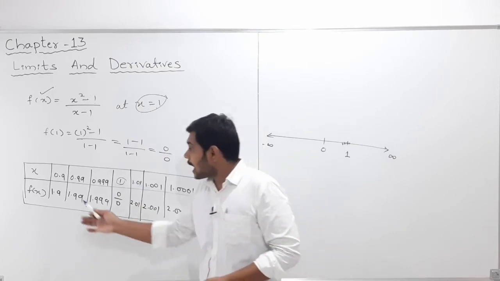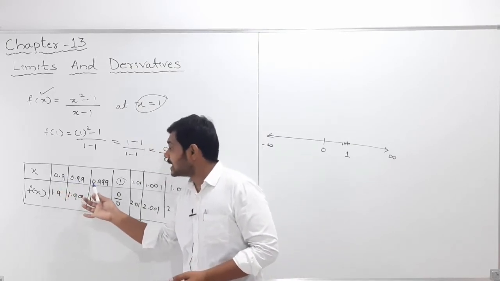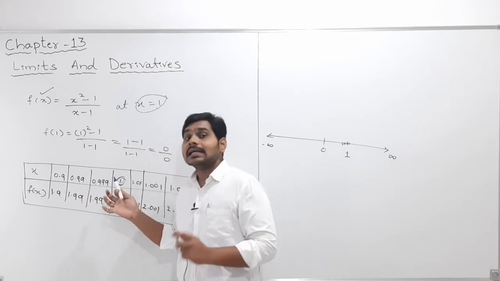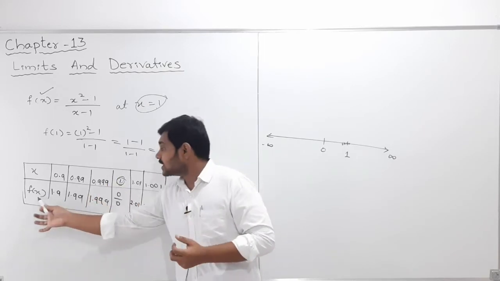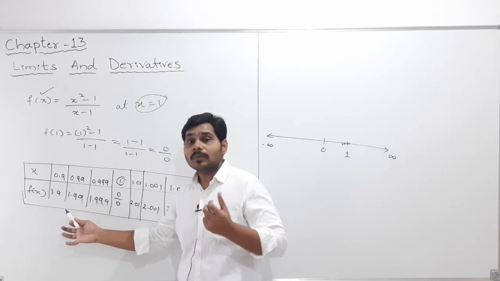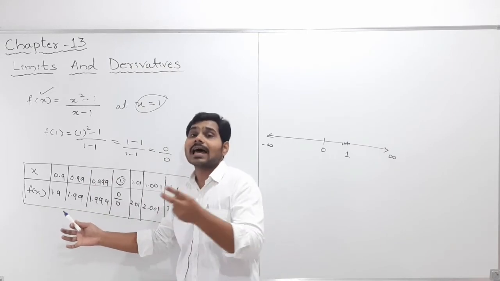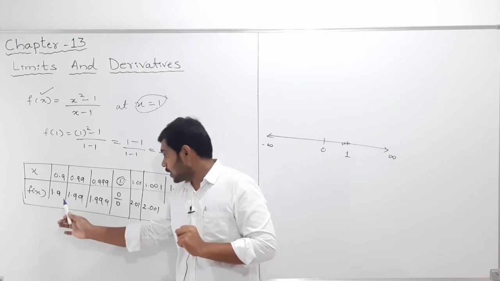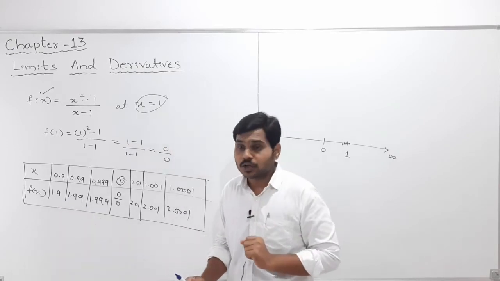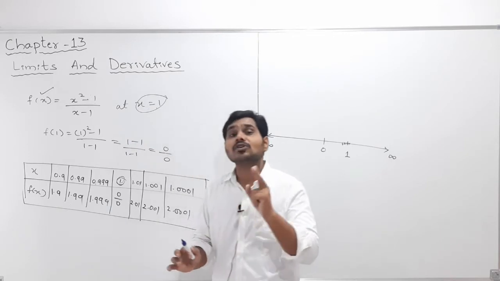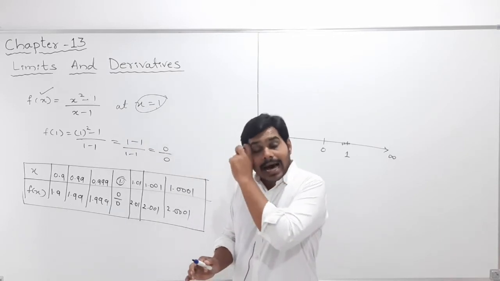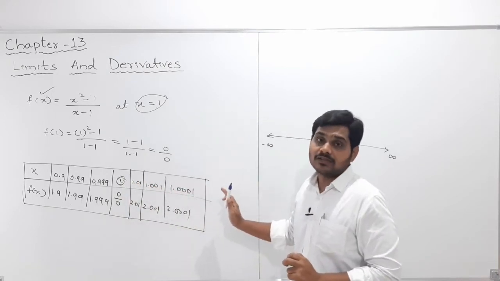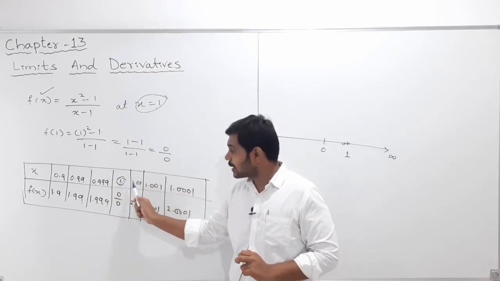It means as the x values are increasing, taking very close to 1, the function value is also tending towards the value 2.